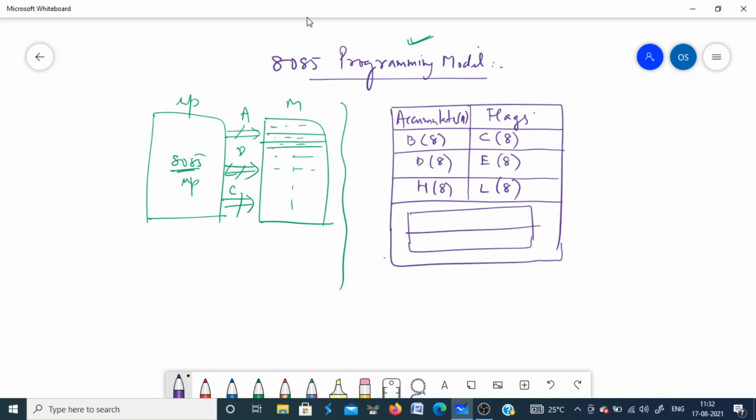One is called the program counter (PC) and one is the stack pointer (SP). Both these registers are 16-bit registers. PC stands for program counter, and SP stands for stack pointer.